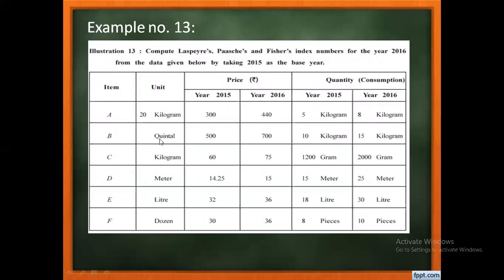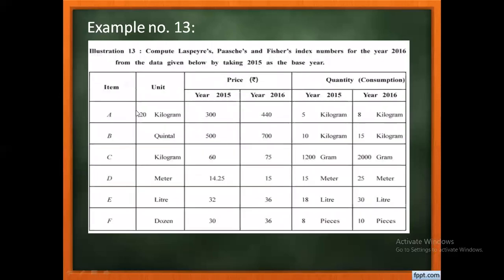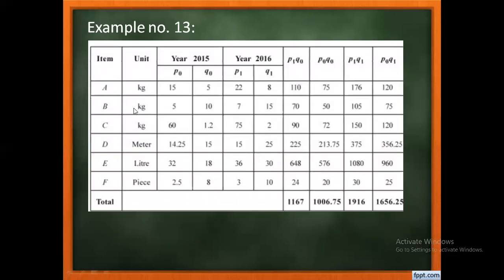So let's see the solution only for item B. For item B, we have taken 1 kg, but this 500 and 700 is for 1 quintal. And as you know, 1 quintal is equal to 100 kg.